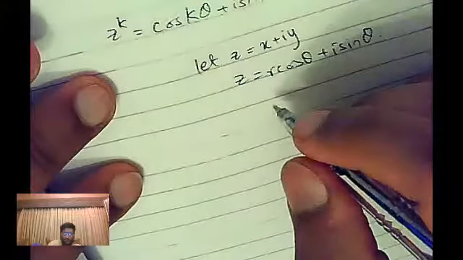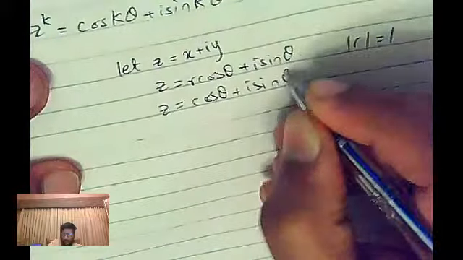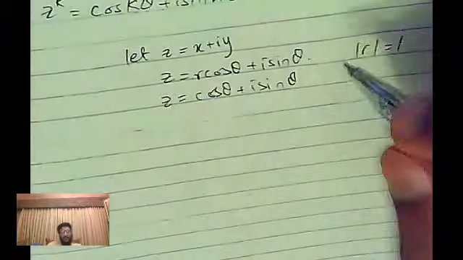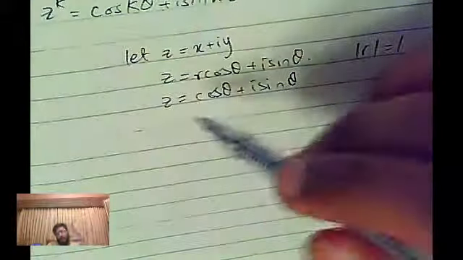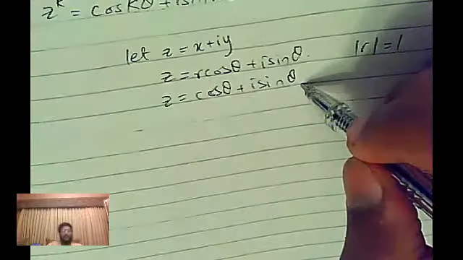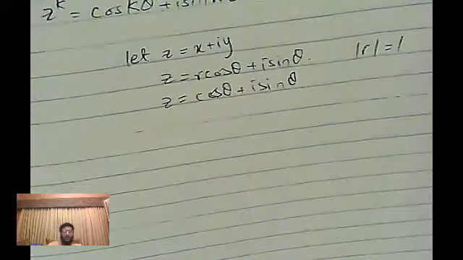And if mod of r equals 1, we're going to have z equals cos theta plus iota sine theta. This is our polar form of a complex number when the mod of r is equal to 1.